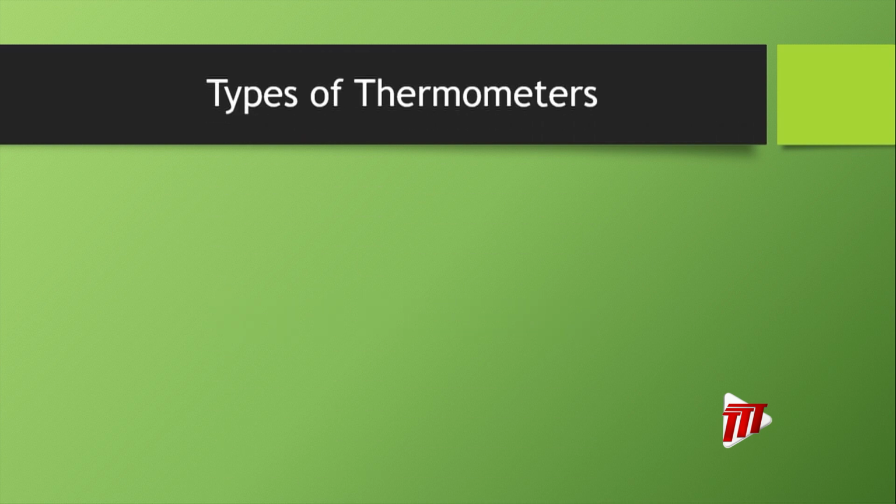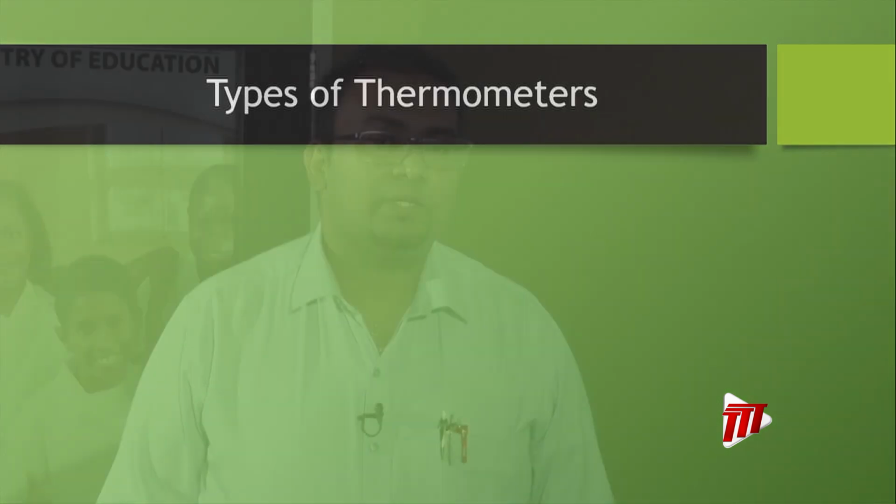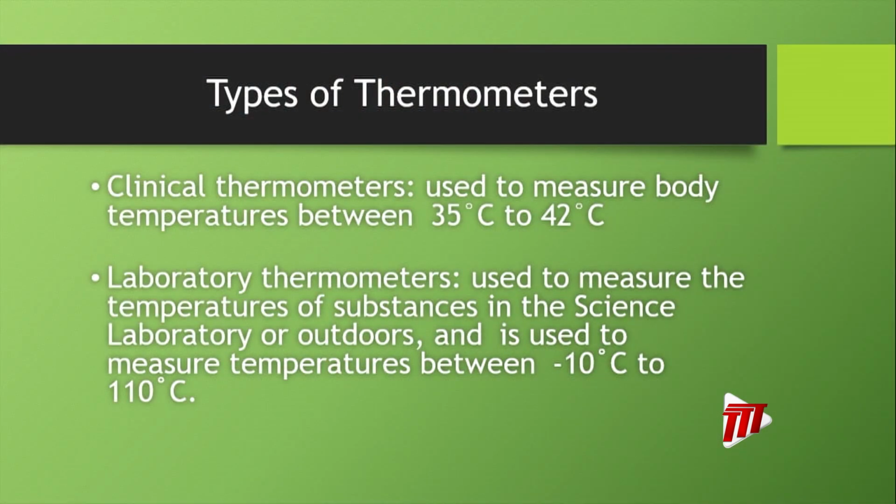So as with all equipment, we have different types. Thermometers are no different. Depending on the use, we would have them differently shaped and designed, but keeping in mind that they all give the same information, how hot or cold something is. So we basically have two main types.